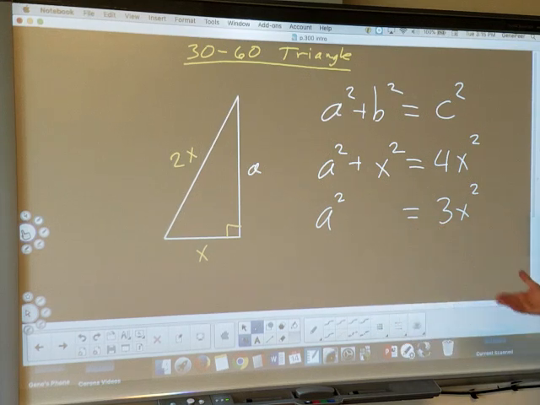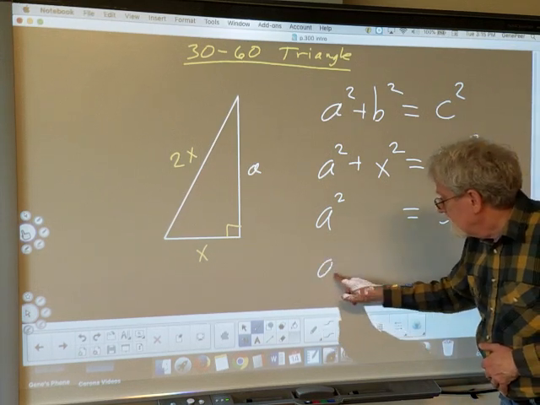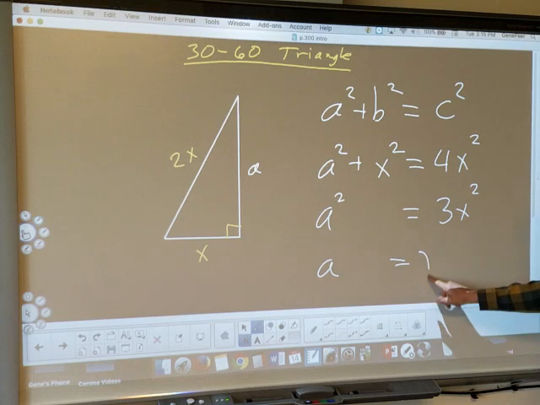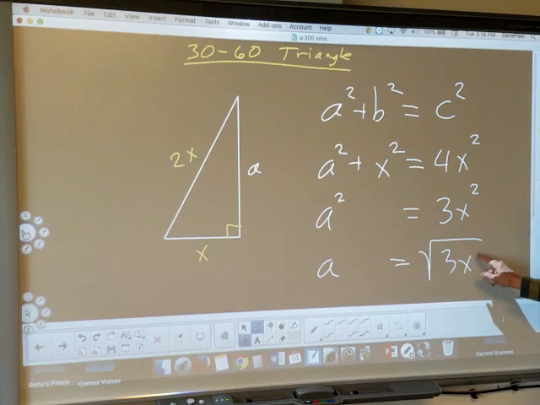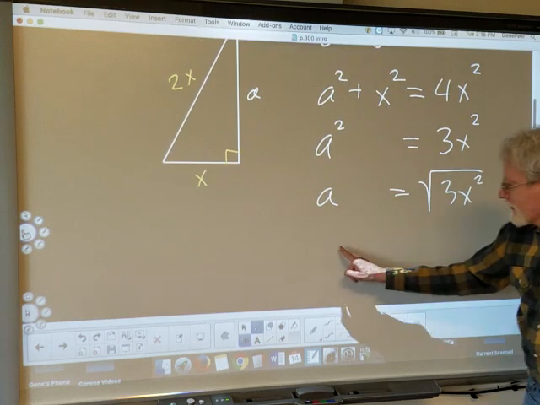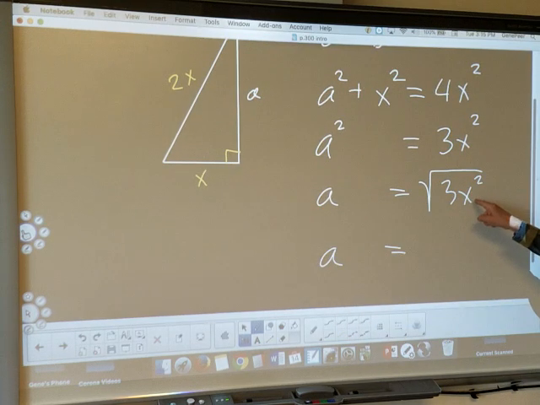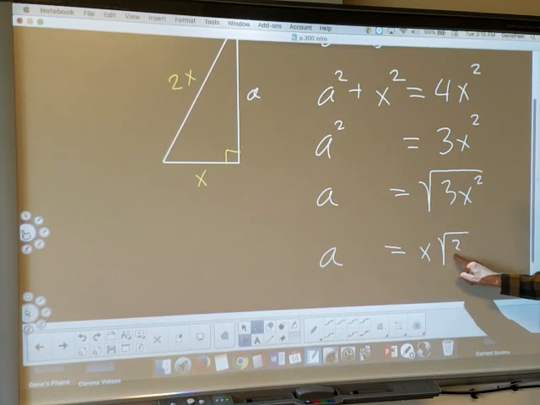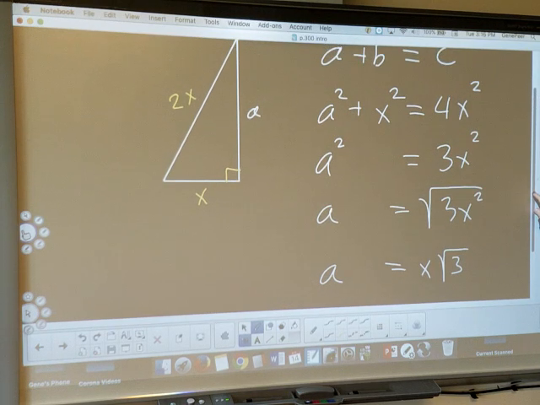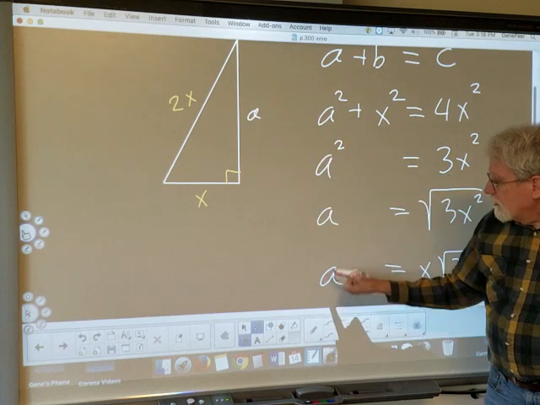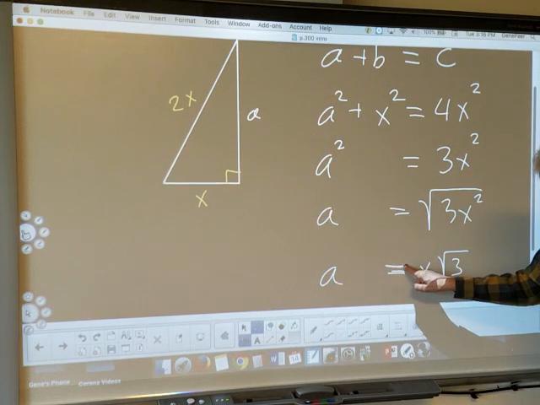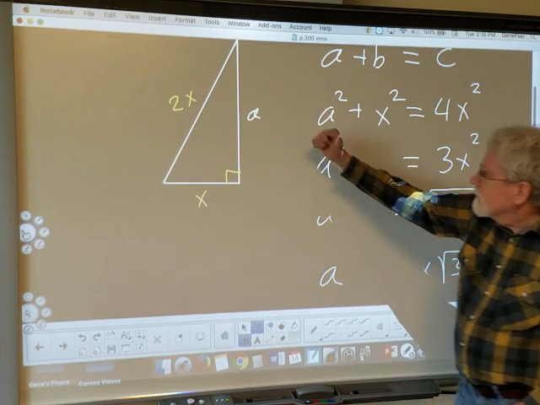Now we'll take the square root of both sides. a is the square root of 3x squared. But the same trick we saw earlier, I can pull out the x squared. It turns into an x on the outside with a 3 stuck on the inside. What's our conclusion then? That a must be x square root 3.